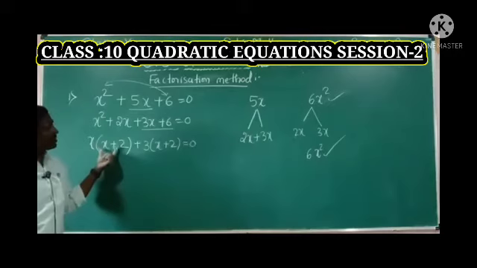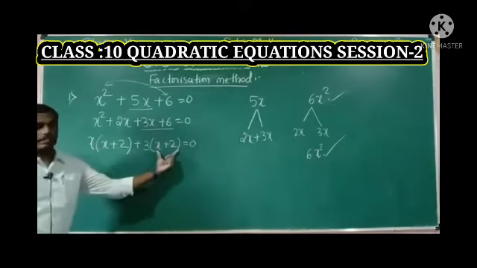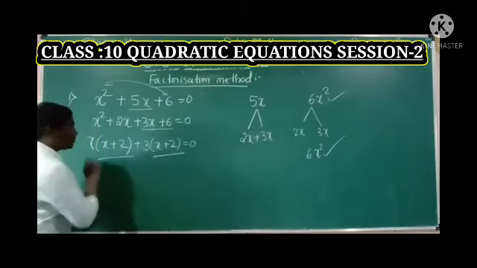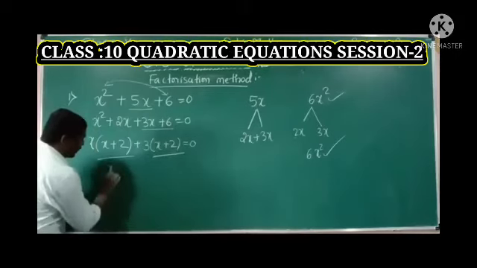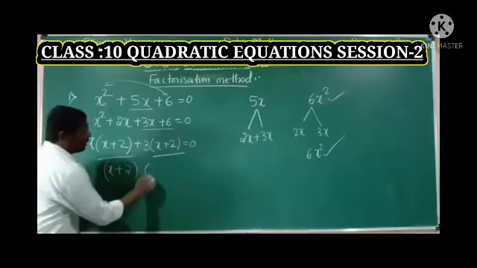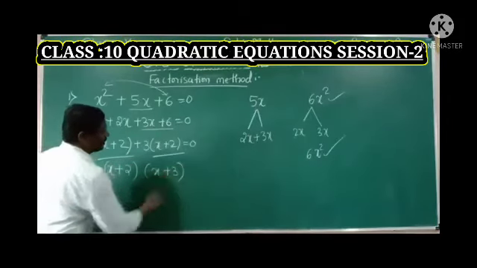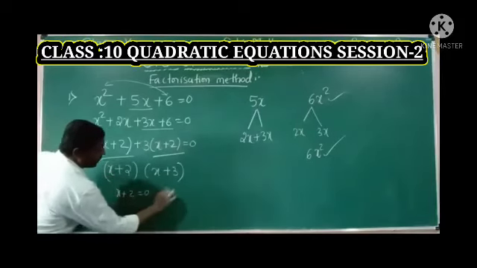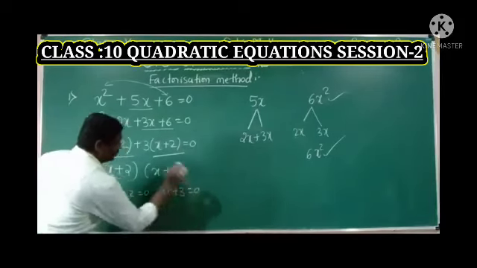What are we getting here? The same factor is repeated once again. Now x plus 2 and x plus 2 are the common factors, so take it one time, x plus 2, and the remaining factor is x plus 3. x plus 2 is equal to 0, x plus 3 is equal to 0.